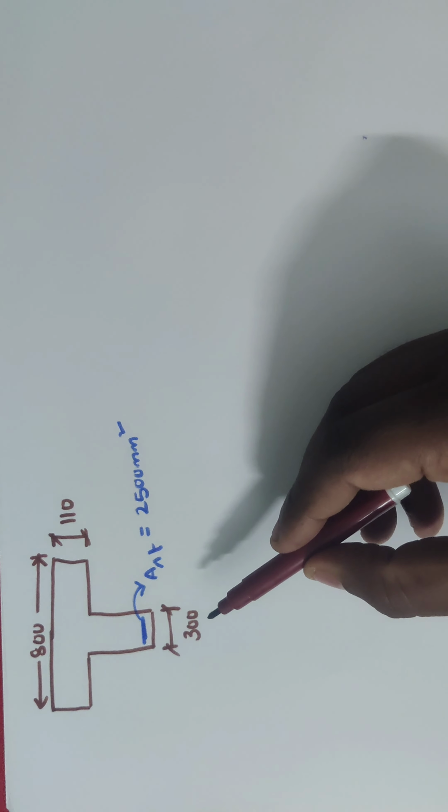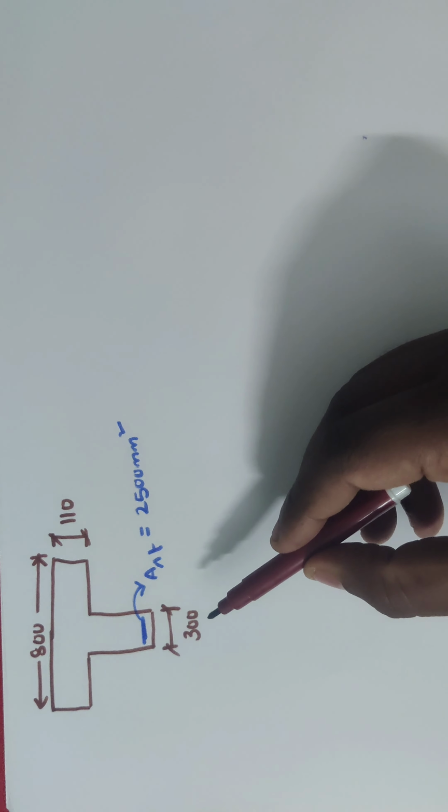If xu value is greater than df, then we need to determine the ratio of small d by capital DF value, and we need to check whether this value is less than 0.2 or greater than 0.2. Right?